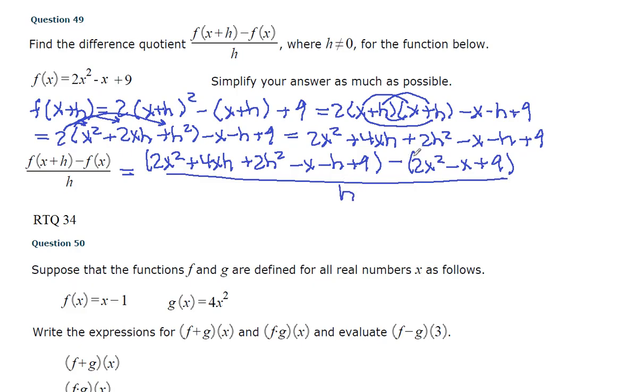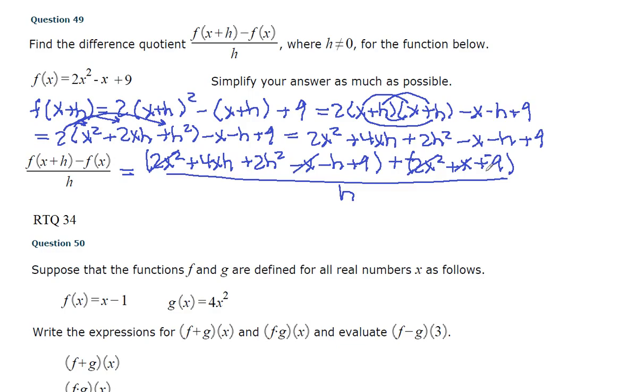So we're subtracting something in parentheses here, so we can change the signs and add. So change this to addition. This will be negative 2x squared, positive x, negative 9. And then all three of these should cancel out. Negative 2x squared and positive 2x squared cancel. Positive x and negative x cancel, they add to 0.